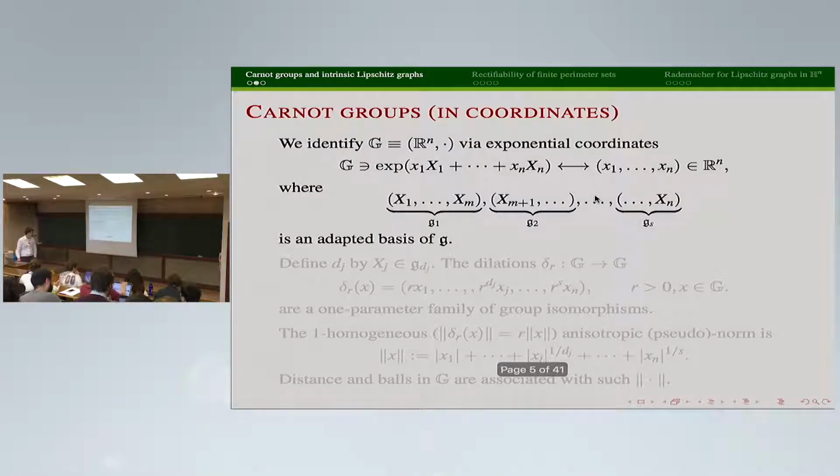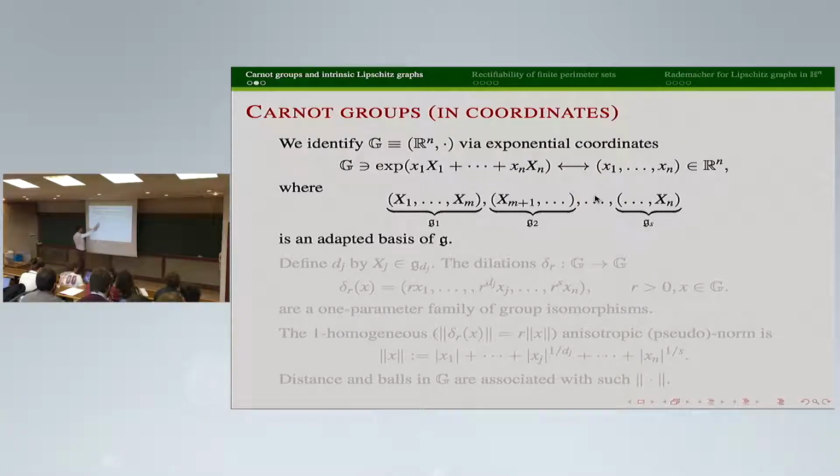Also, this slide is pretty useless for this audience, but let me show it to you anyhow. We will always think of G as identified with some R^n. As I told you, they are diffeomorphic by assumption, with exponential coordinates. And these exponential coordinates are associated with a so-called adapted basis of the algebra.